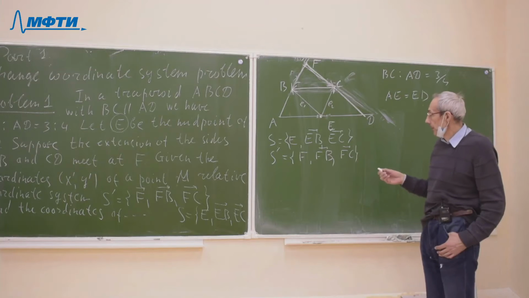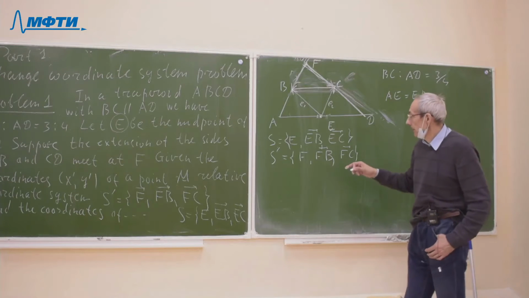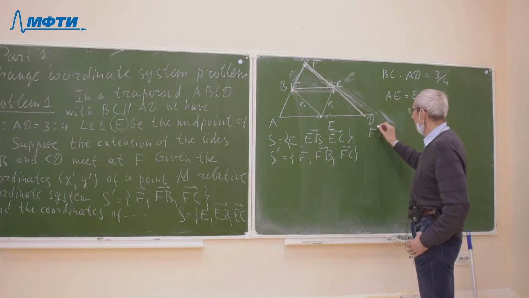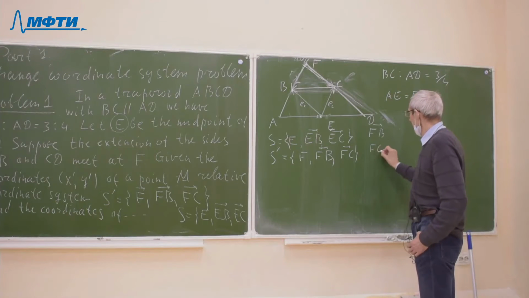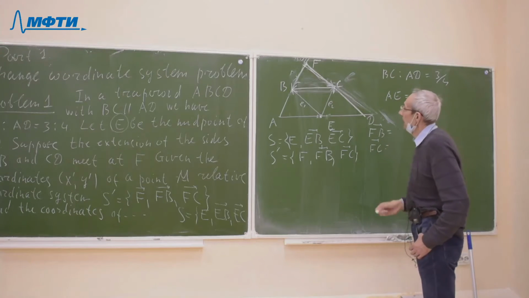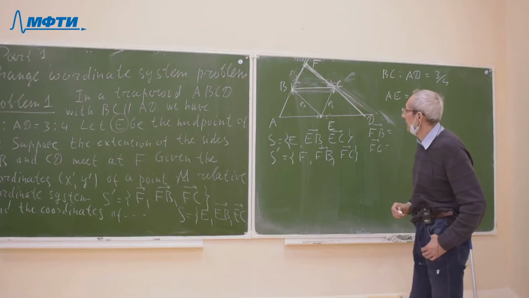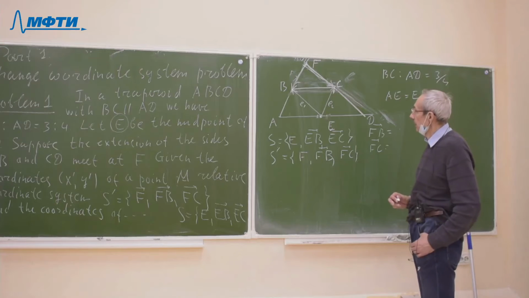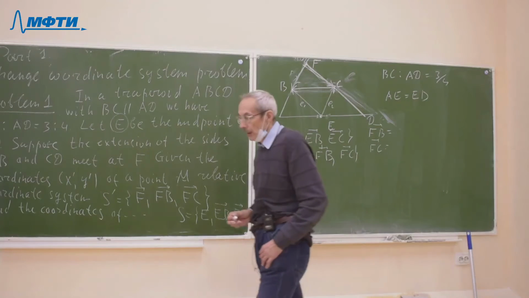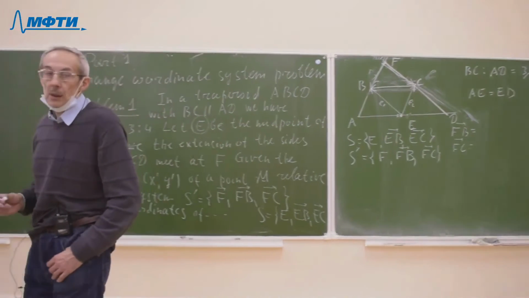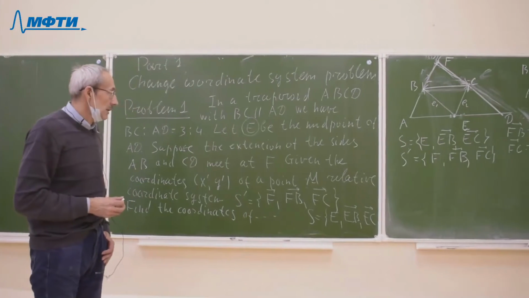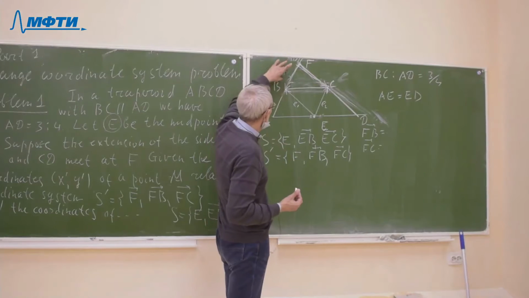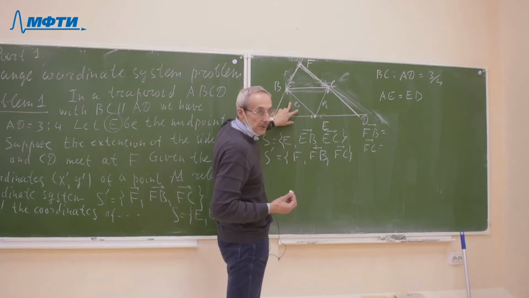More precisely, we must express vectors FB and FC as a linear combination of the vectors AB and AC. Let's try to find the solution. How to express this one in terms of this one.